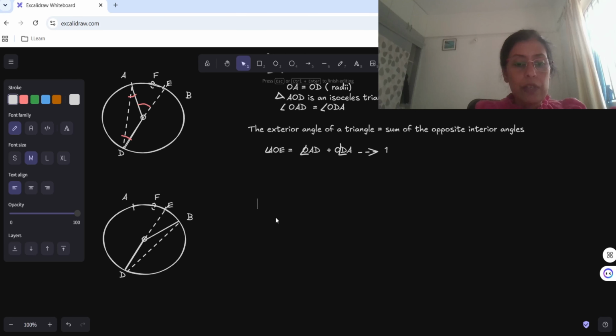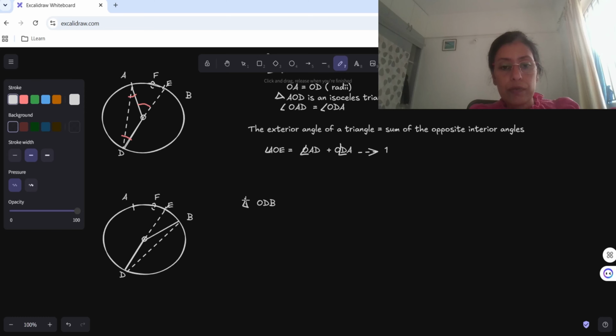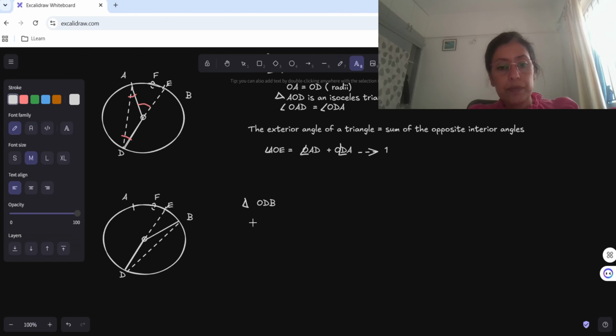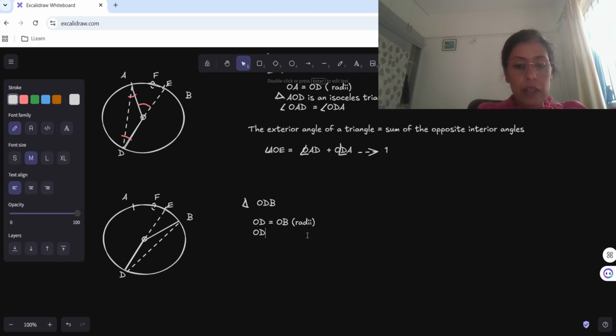Now here we will talk about triangle ODB. So what about this triangle? Here again we see the same thing. OD is equal to OB. Both are radii of the circle. That is why they are equal. So this means triangle ODB is an isosceles triangle.